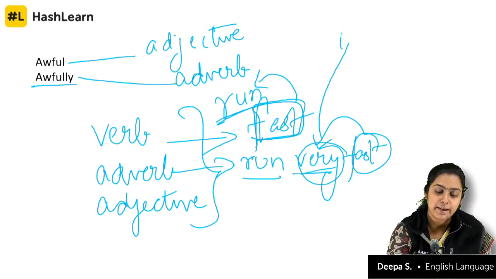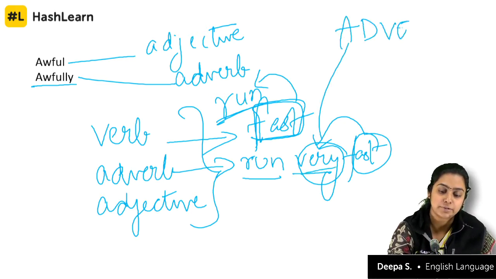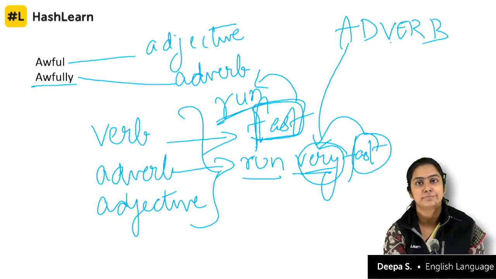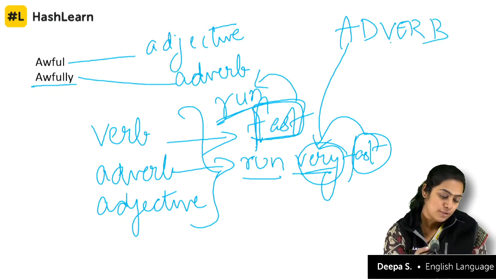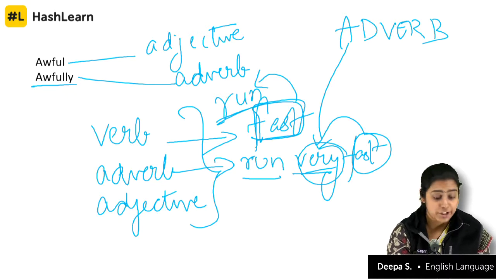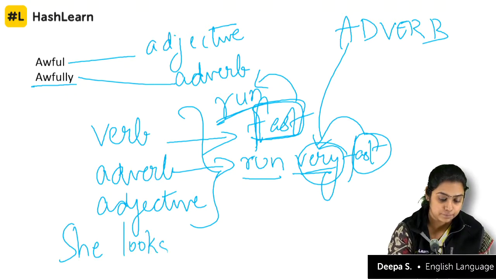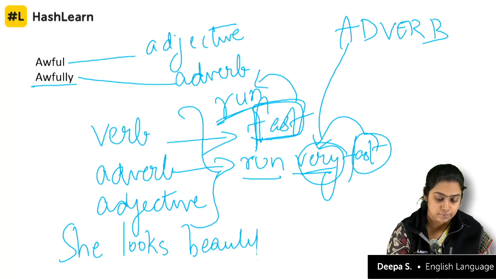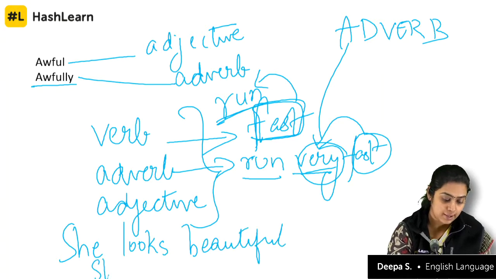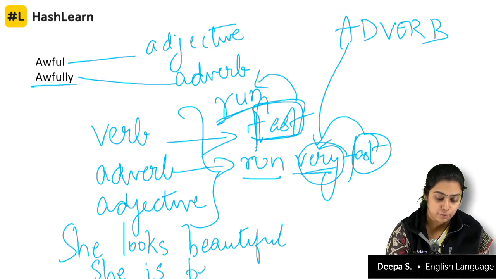Very here again is an adverb. Okay, now how does she look? She looks beautiful. Or I can say she is beautiful.